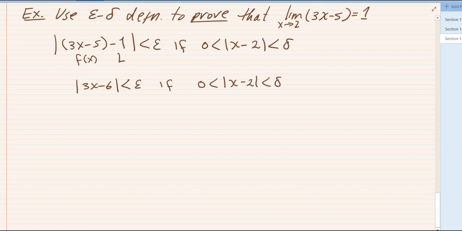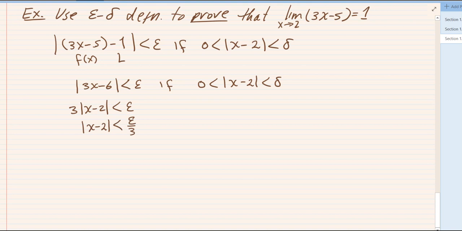Next, let's rewrite the statement in the form that will help us discover the appropriate delta. I'm going to factor a 3 from the left absolute value and then divide both sides by 3, giving epsilon over 3.